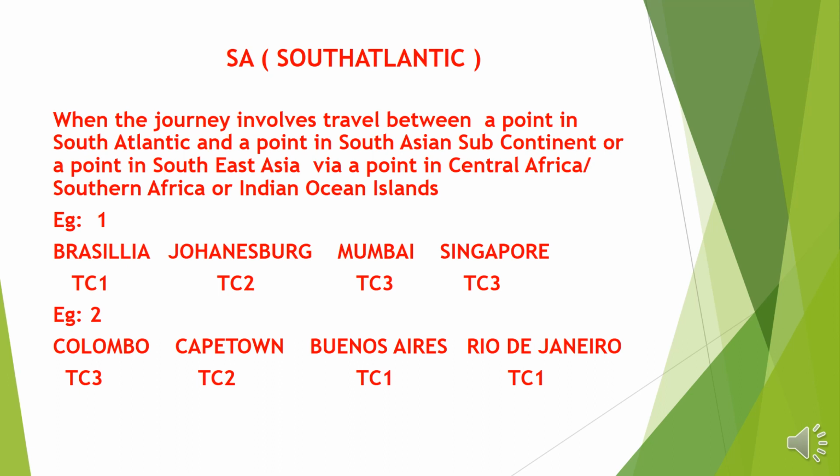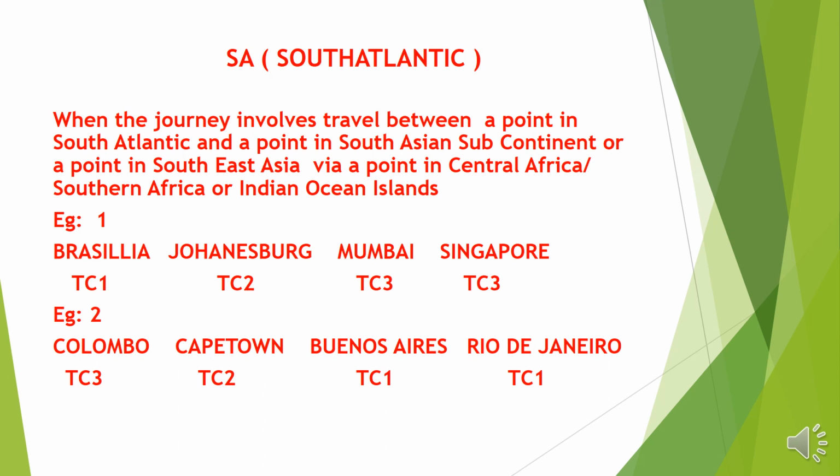So to use South Atlantic, you need to clearly identify the starting and the end point. If it is South Atlantic, the origin is in South Atlantic, the end point has to be the South Asian subcontinent or Southeast Asia, and the via points should be in TC2, but only cities in Central Africa, Southern Africa or Indian Ocean islands. You cannot have any city which is in TC2 outside these sub-areas.